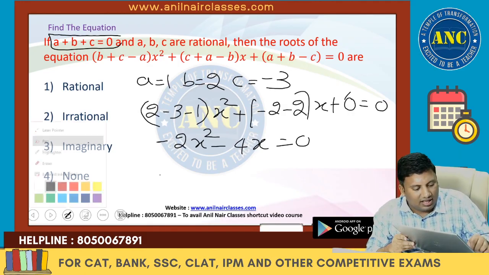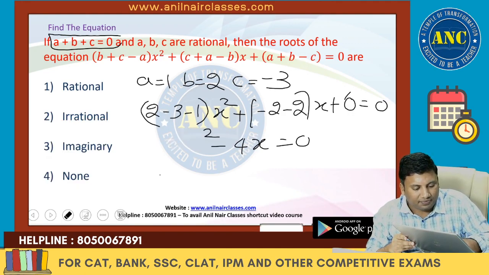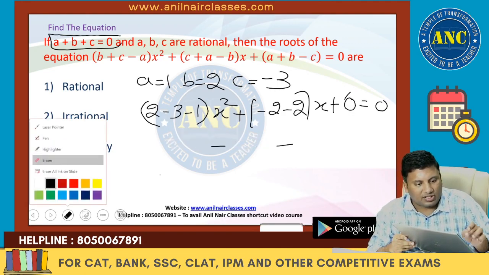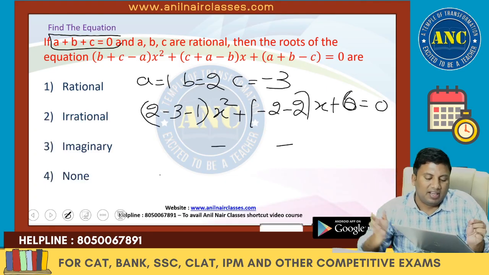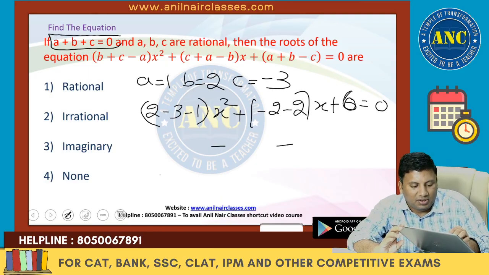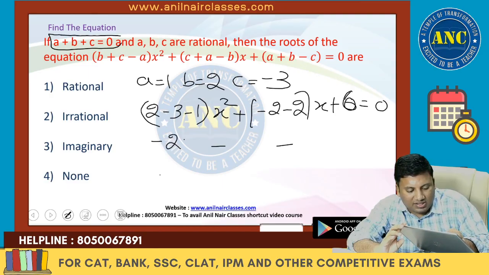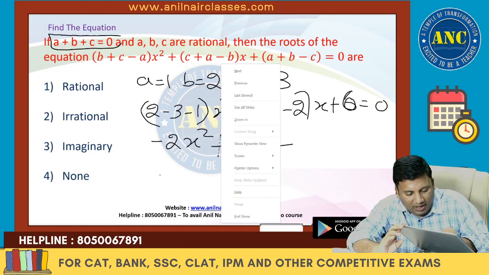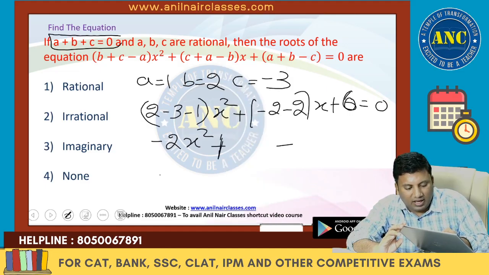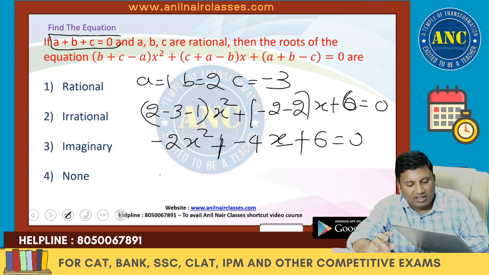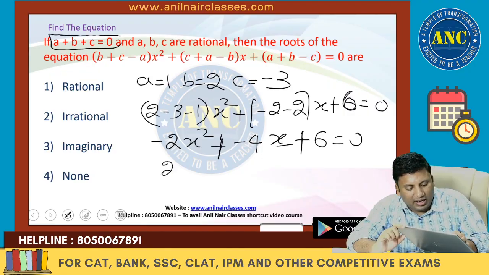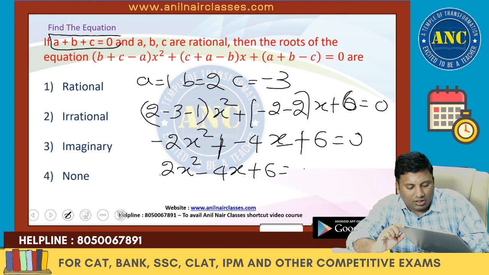This is the calculation mistake. C minus b. So this is nothing but 6. This is nothing but 2 minus 2 minus 4 minus 2x square plus 2 minus 2 minus 4x plus 6 equivalent to 0. This is nothing but 2x square minus 4x plus 6 equivalent to 0.